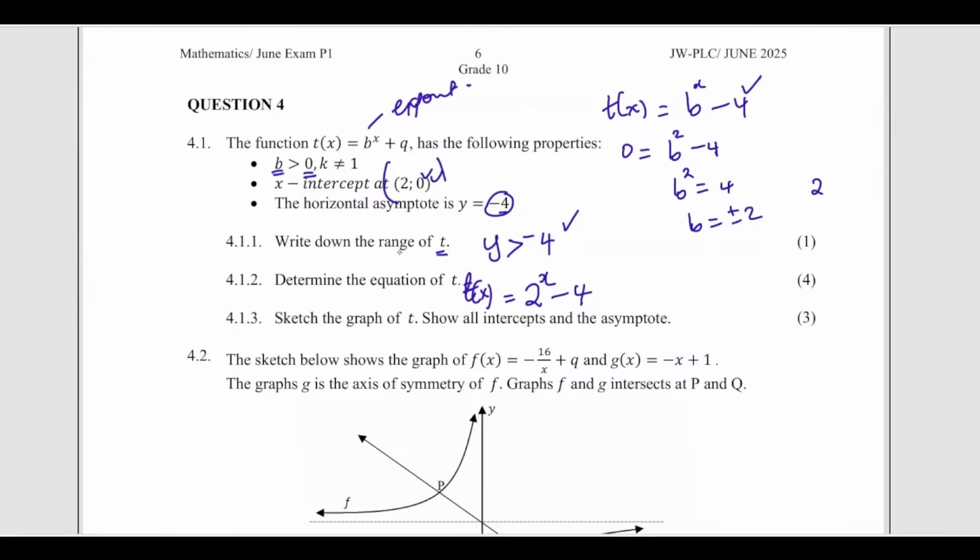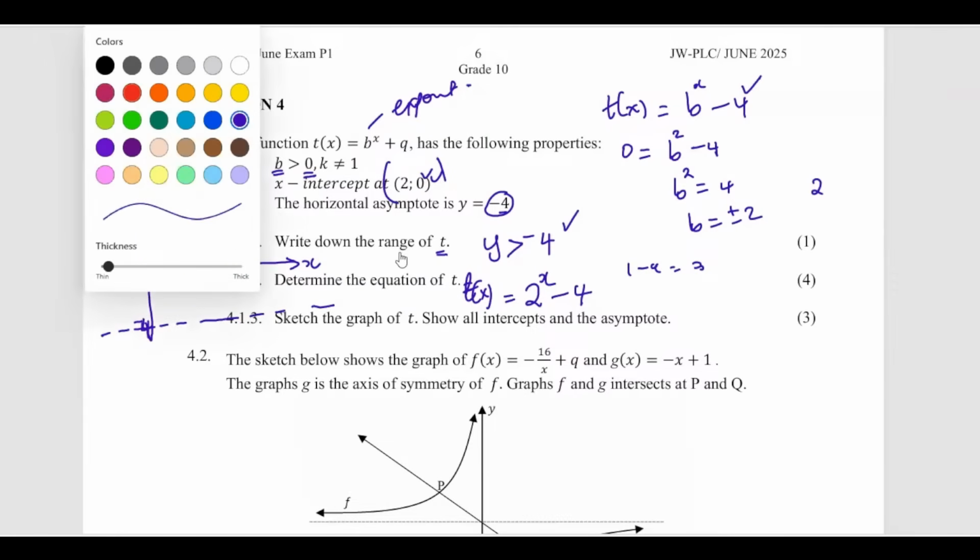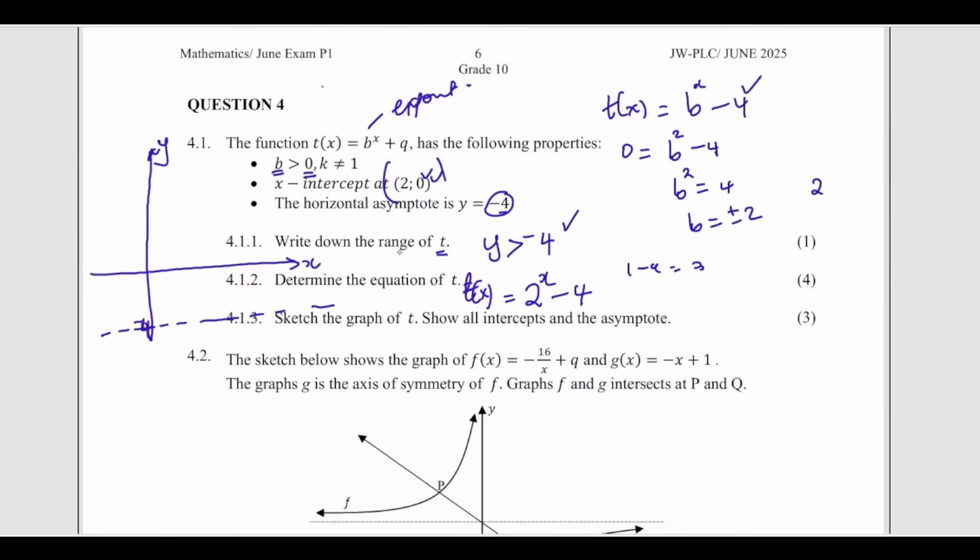Okay, let's sketch it here. So that's your x, this is your y. We know that this is our asymptote, which is -4. And for us to get the y-intercept, x must be 0, which is going to be 1 minus 4, which is -3. So the graph is going to pass through -3. Let's put it there.